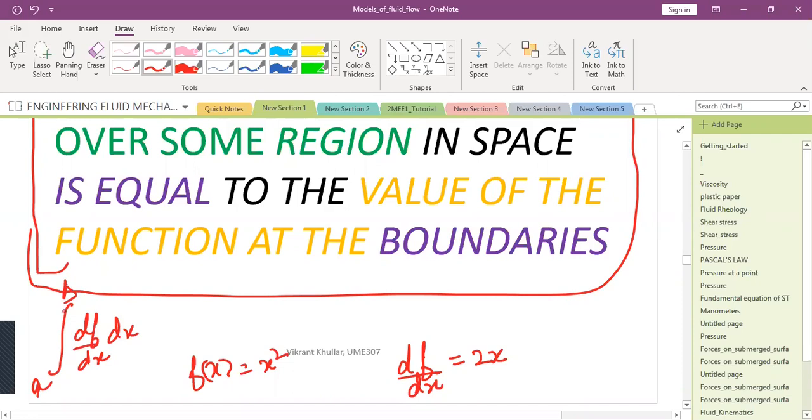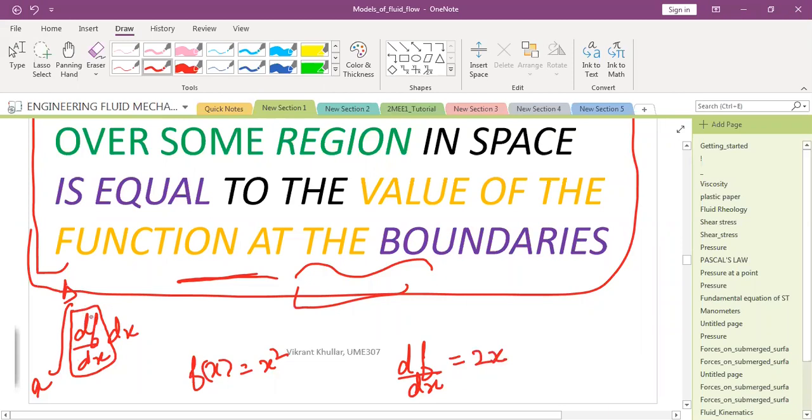Now what is this? Integral of a derivative over some region in space. अब लाइन इंटीग्रल के लिए स्पेस क्या हुई? एक पाथ. हाँ जी, what is the domain of a line integral? A path, any kind of curve. So this is integral of a derivative over some region in space.